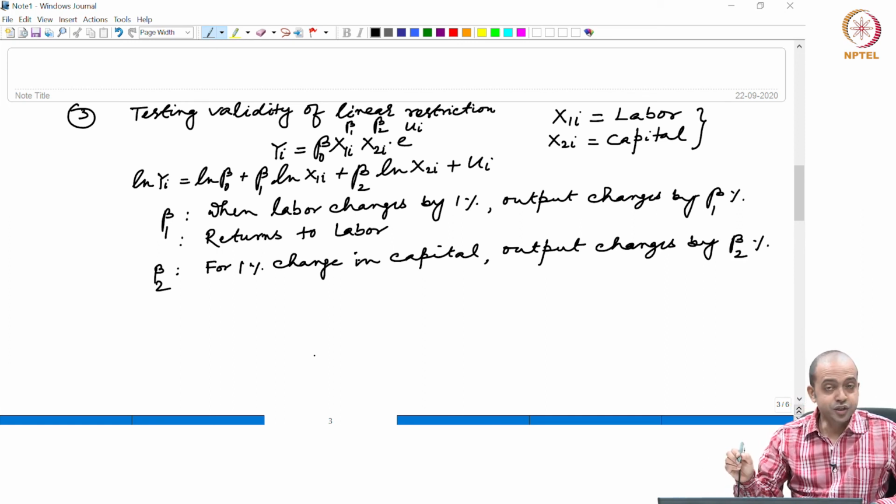But please do not forget to mention on an average and keeping the impact of other factors constant.